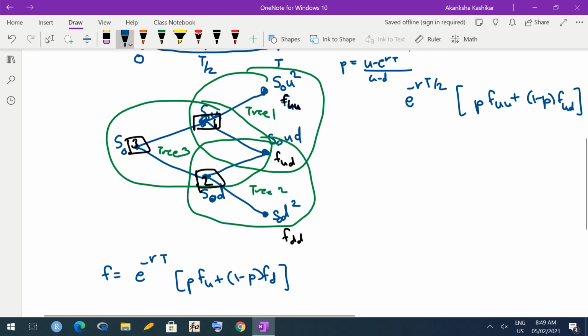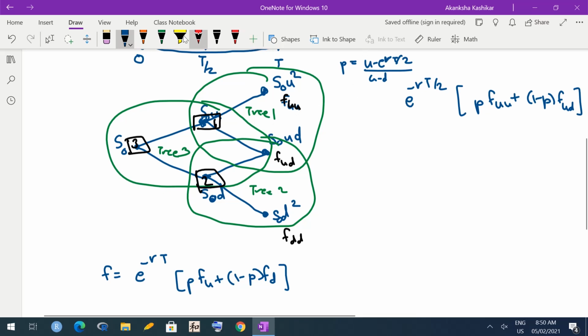First of all, R is constant, means the risk-free rate of interest remains constant over the period 0 to capital T. And now capital T, because we are considering a smaller tree, has to be T by 2. So my P would be computed by this formula, U minus e raised to RT by 2 upon U minus D, because I am evaluating a smaller tree.